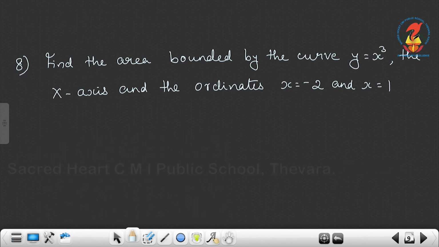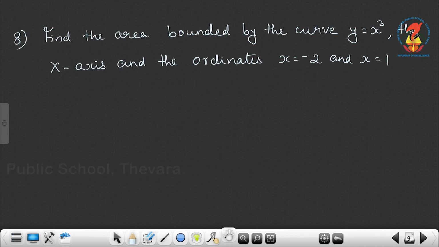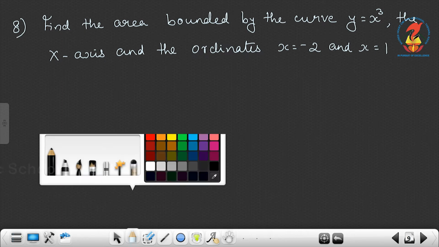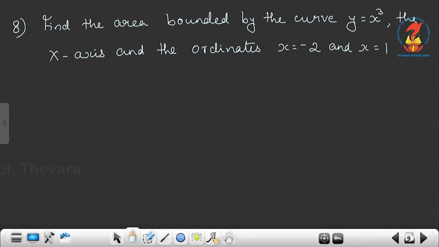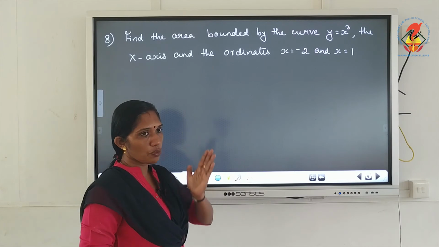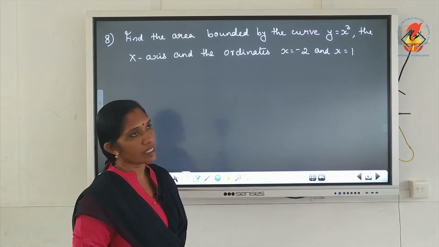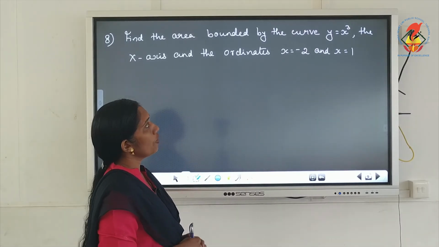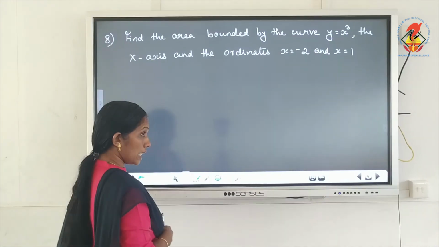Find the area bounded by the curve y is equal to x cube, the x axis and the ordinates x is equal to -2 and x is equal to 1. Ordinates means it's a line, x is equal to -2, through -2 a straight line and through 1 also a straight line. So first we have to draw what is y is equal to x cube, draw the graph.